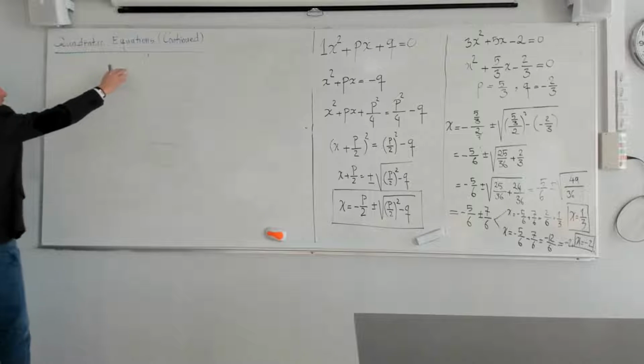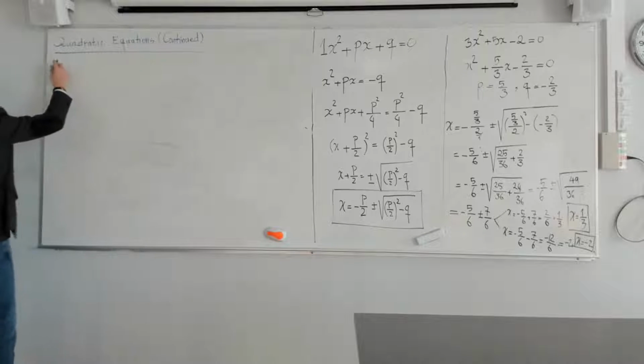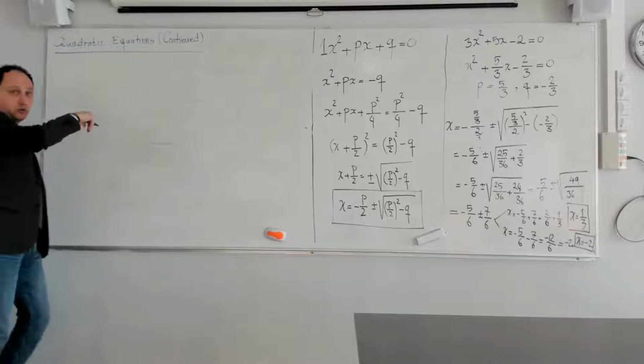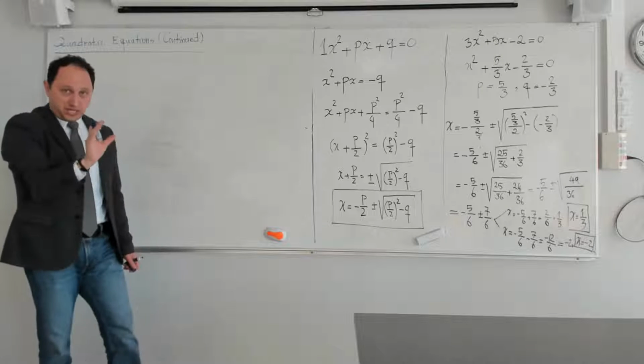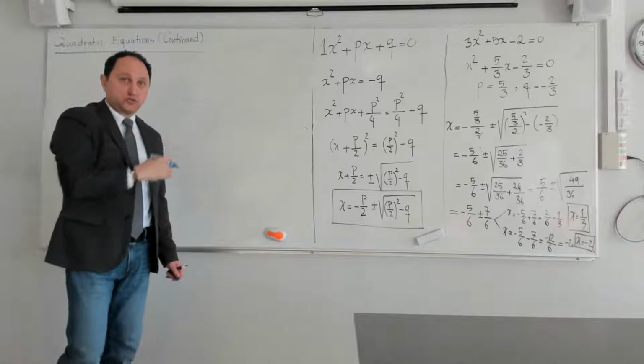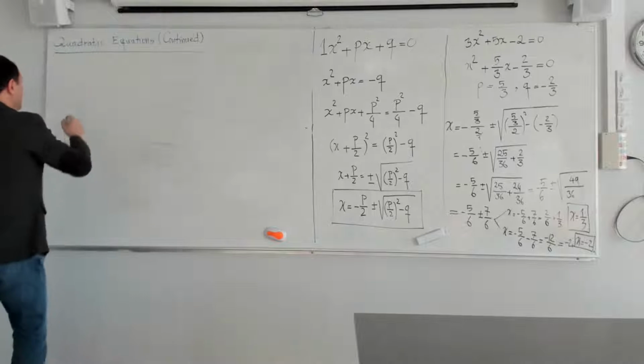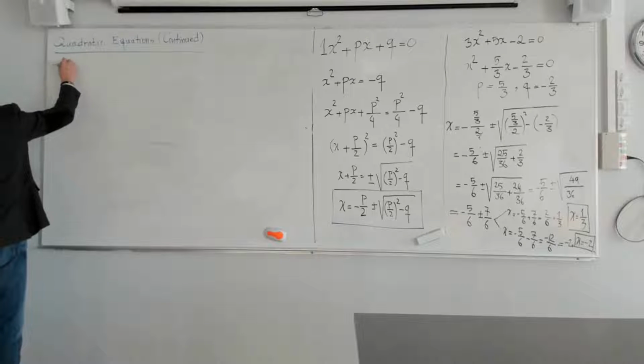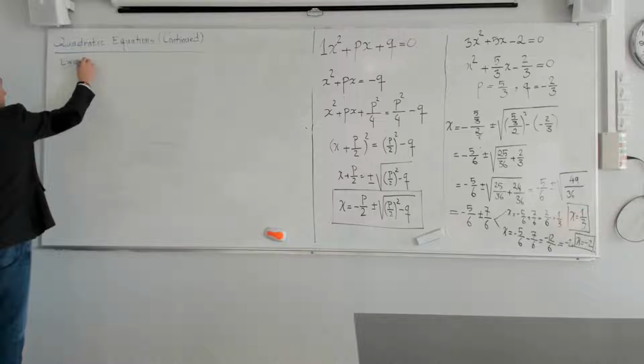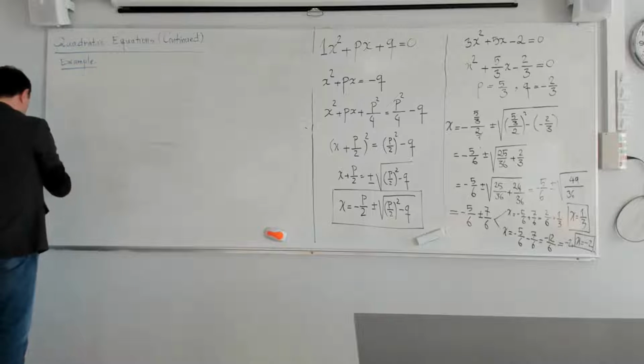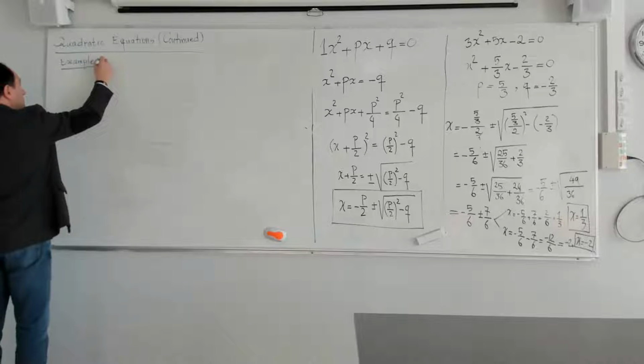Different parts for solving quadratic equations, or an equation which is not in the standard form, but it can be reduced to a standard form, okay? Solve the following equations.